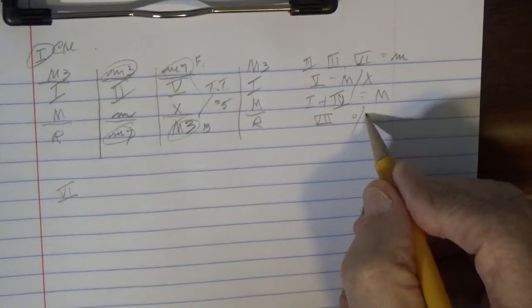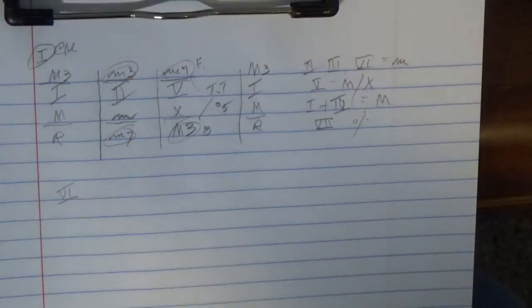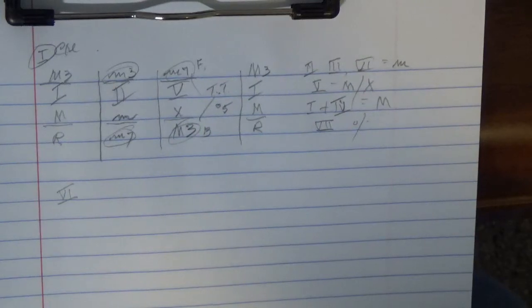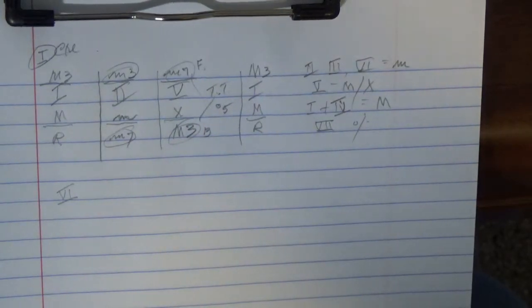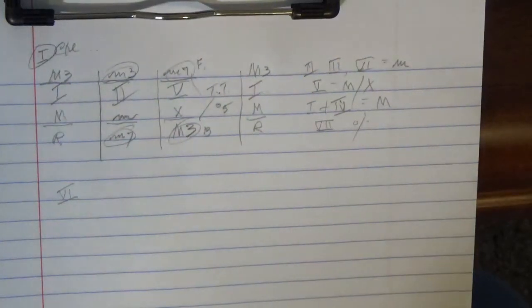So it's a triad, and it's now BDF, excuse me. BDFA is not a diminished seventh chord. BDF is a diminished triad.